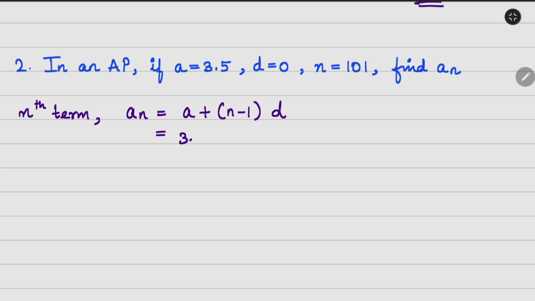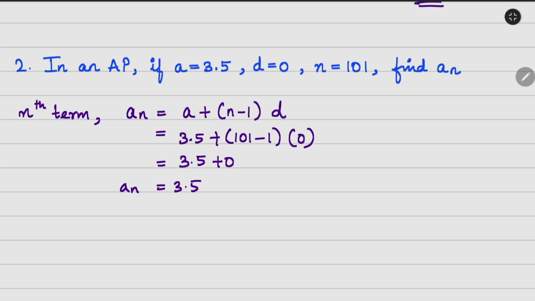A is nothing but 3.5 plus n, which is 101, minus 1, into d, which is 0. So this term will become 0. 0 multiplied by any number is 0. So it's nothing but 3.5 plus 0, which is 3.5. That's your nth term.